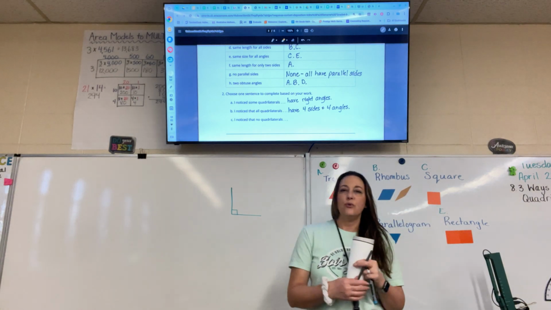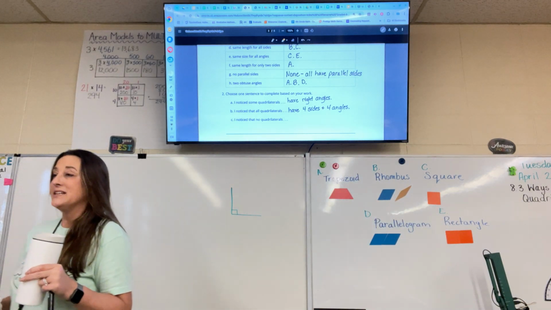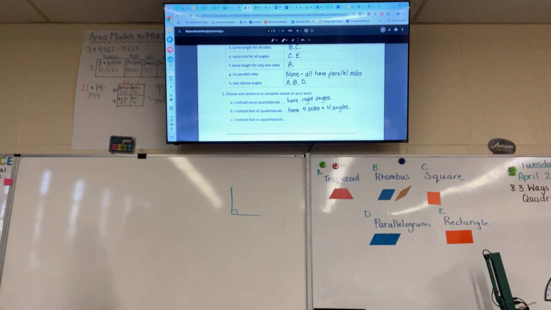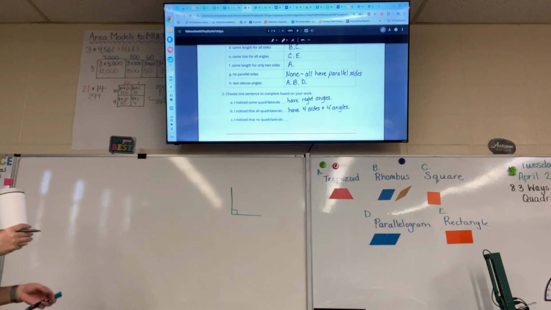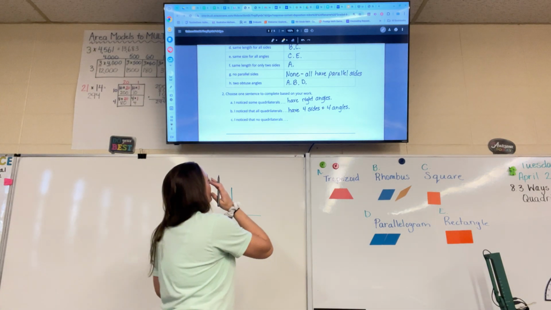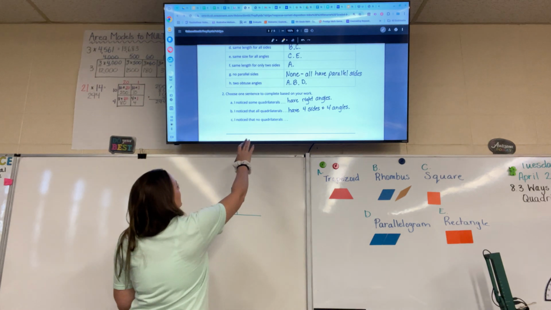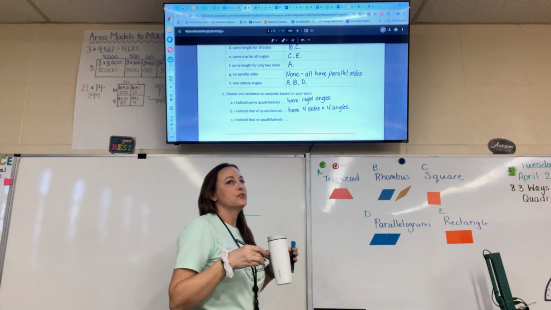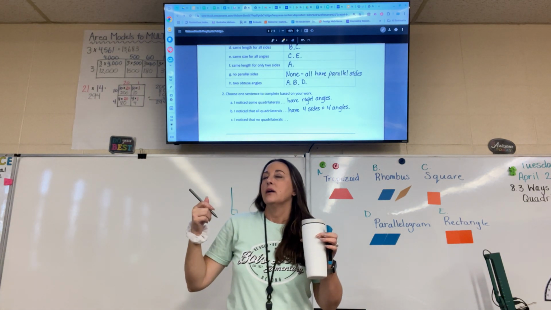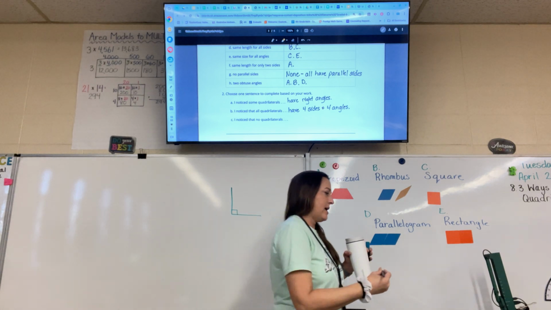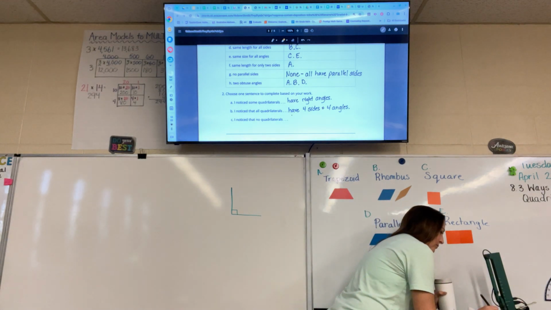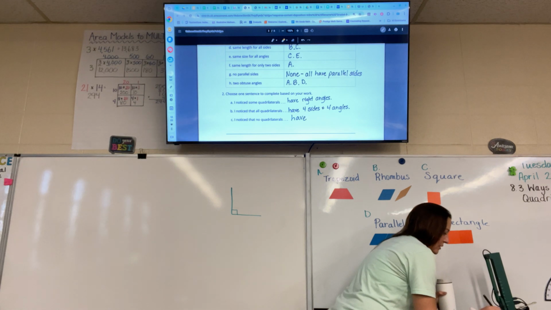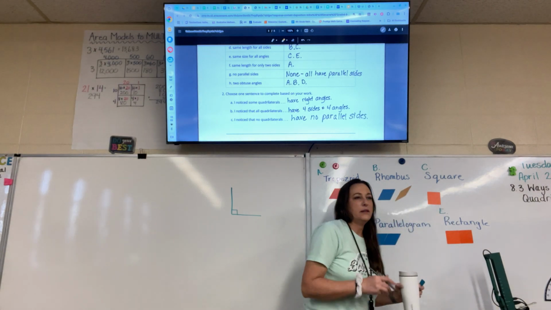I noticed that no quadrilaterals. Remington? No parallel sides. Yeah. So it's a little tricky to write. I noticed that no quadrilaterals have no parallel sides. In other words, they all have at least one pair of parallel sides.